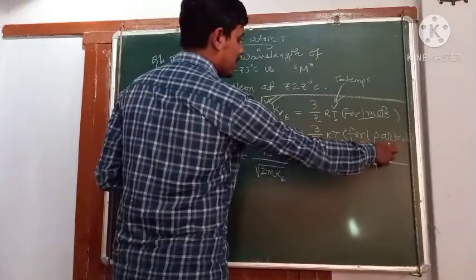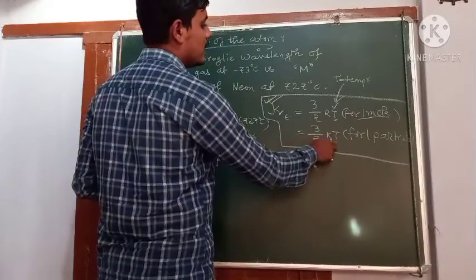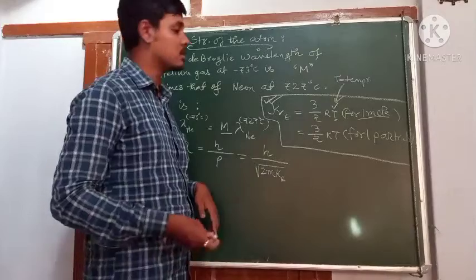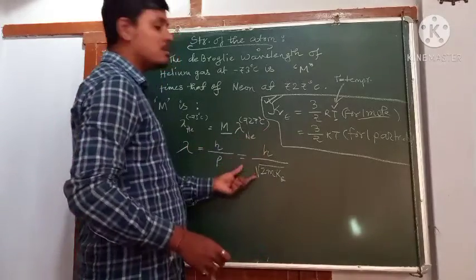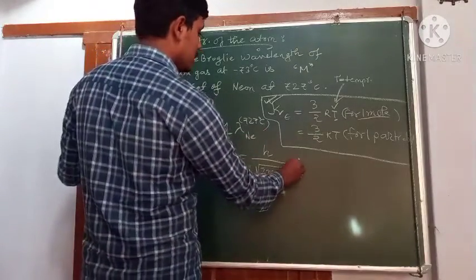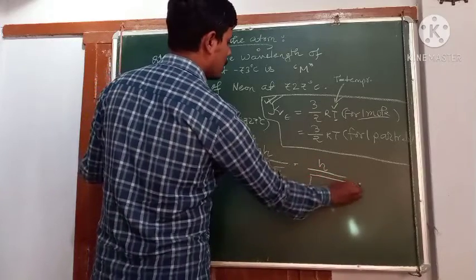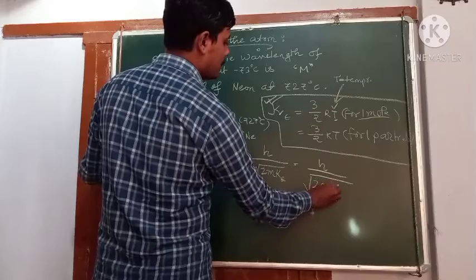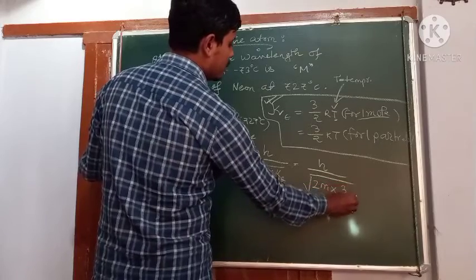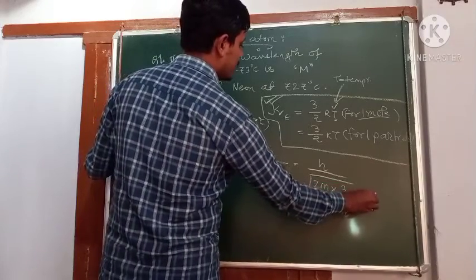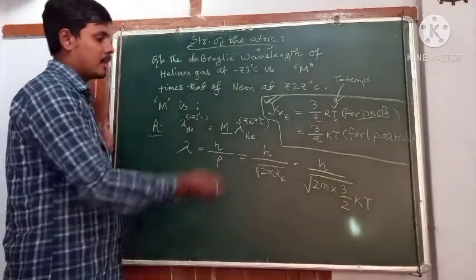For one particle of the gas, KE equals 3 by 2 kT, where k is the Boltzmann constant. Since we are using one molecule of the gas, we can write h by root over twice m into 3 by 2 kT.